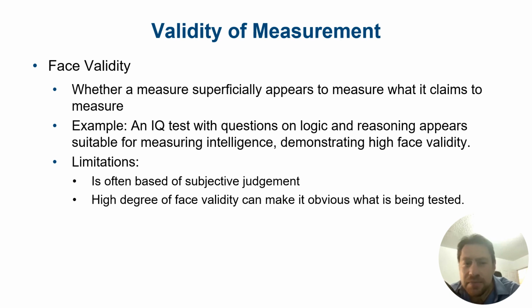Face validity is whether a measure superficially appears to measure what it claims to measure. So is it measuring the right thing on its face? So for example, an IQ test will have questions about logic and reasoning which appear to correspond to the dimensions of intelligence, to the things that we mean when we say intelligence.